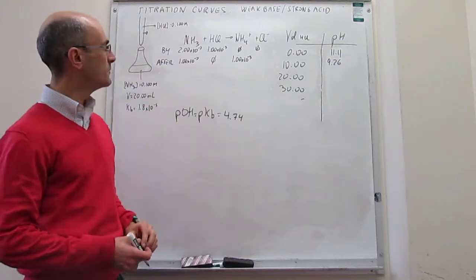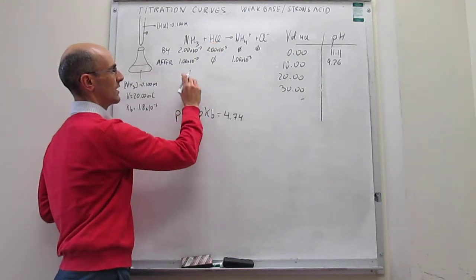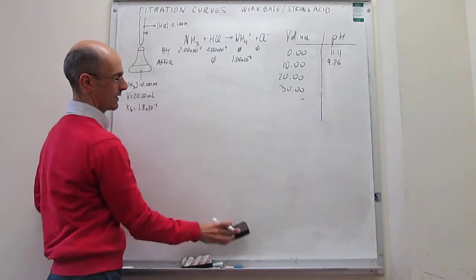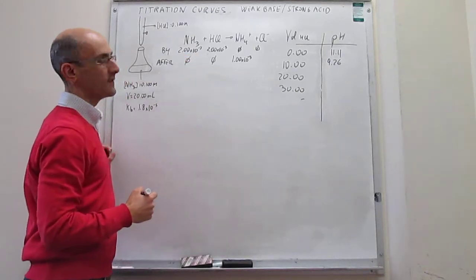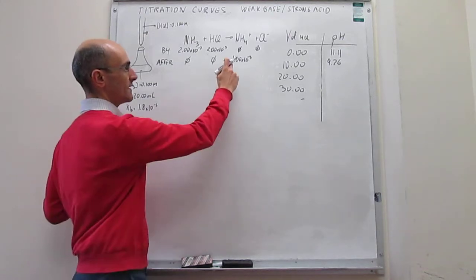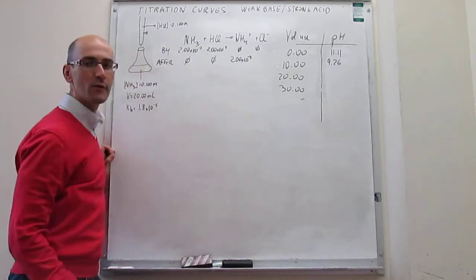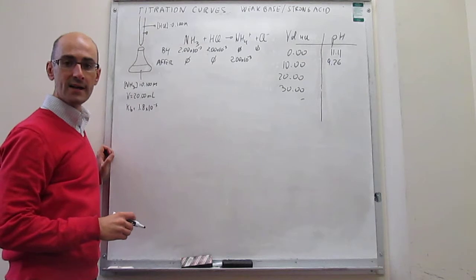At the equivalence point, you add exactly the same amount of acid as you have of base, and that means the reaction is stoichiometric. So there's no base left over, and there's no acid left over. But something important is that now you have 2 moles of the conjugate acid in solution. And the conjugate acid has acid-base properties.